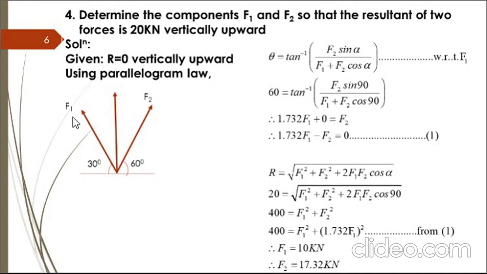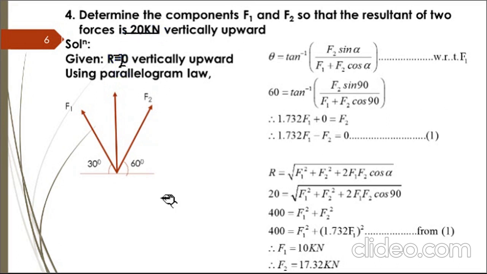Here F1 and F2 are the two forces, F1 acting at 30 degree with respect to x-axis and F2 acting at 60 degree with respect to x-axis, and the resultant of these two forces F1 and F2 is given in a vertically upward direction, and the value of the resultant force is given as 20 kilonewton. Now here by mistake it is written 0, it's 20.